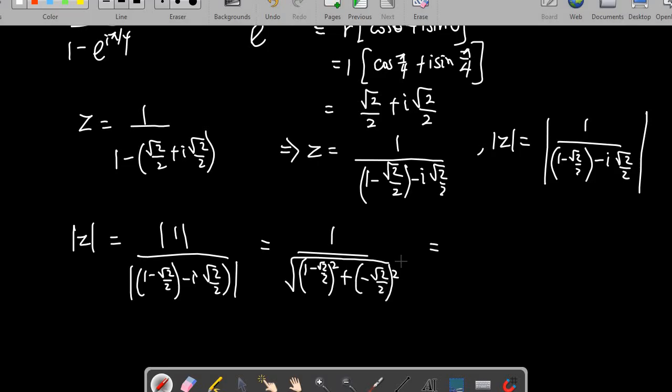So if you punch this on your calculator, you have 1 over, a scientific calculator will do this without stress for you, the square root of 1 minus root 2 over 2 all squared plus minus root 2 over 2 all squared. I believe you are punching yours too.